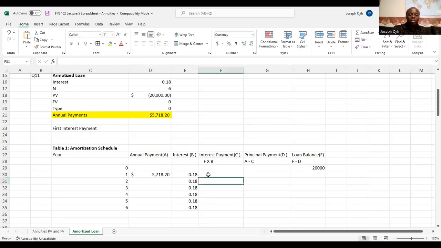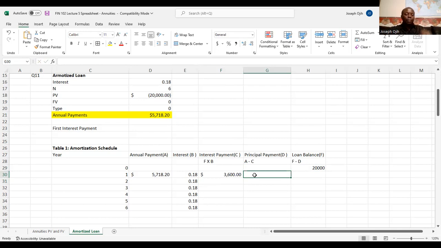See, the interest payment here, which is the amount that goes to the interest, is the loan balance times the interest of 18%. Okay, so this is the amount that goes to the interest when you paid $5,718.20. That $3,600 goes to the interest. I'm going to make this one a dollar amount too.